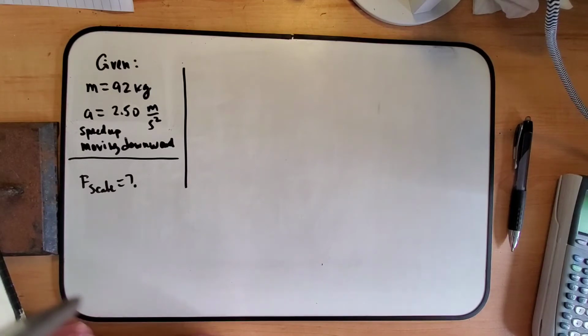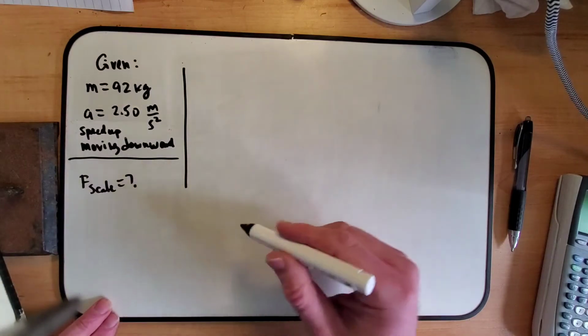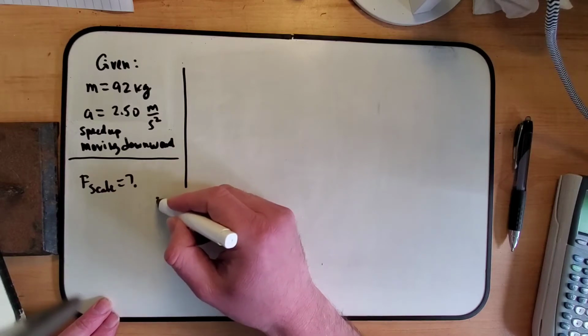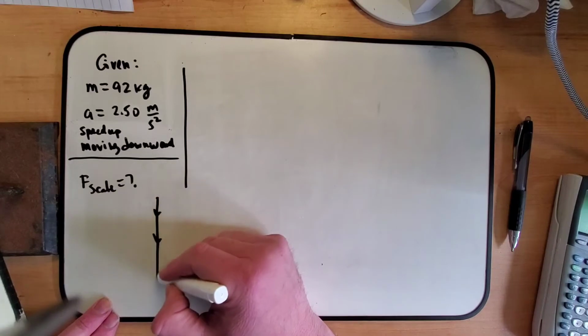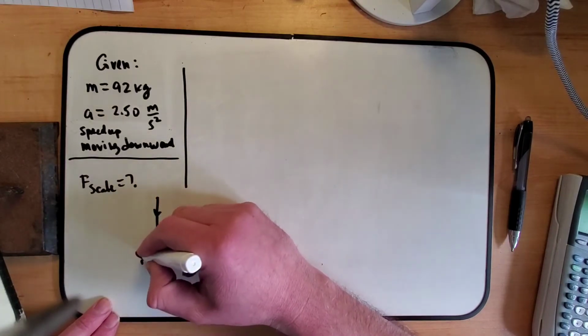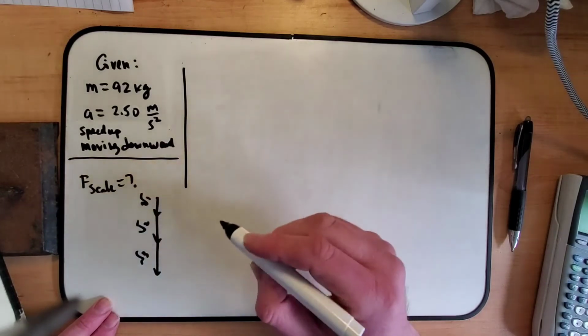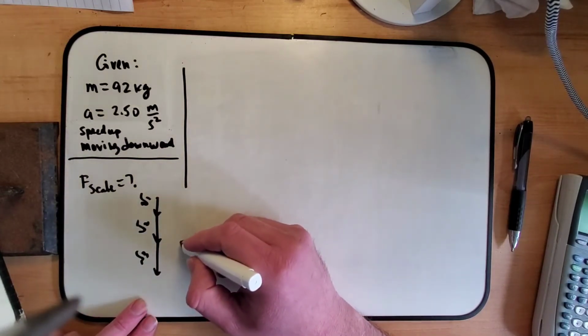So if it's moving downward and speeding up, let's do first a conceptual setup in here. We've got speeding up, moving downwards, so velocity will increase downwards, something like this. So this is, let's say, V3, V2, V1, and I'm going to do the delta V, V final minus V initial.